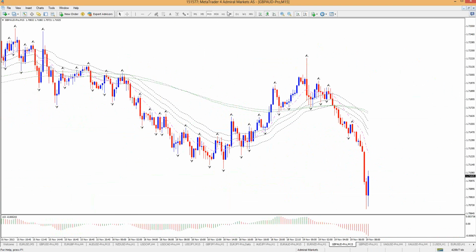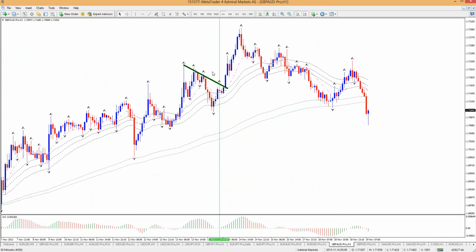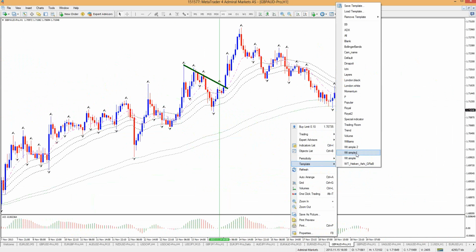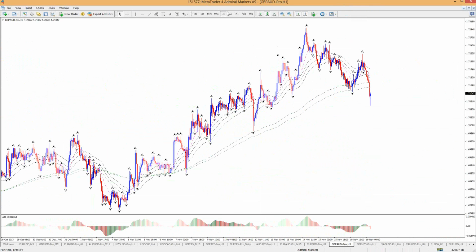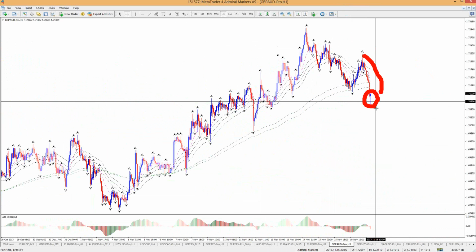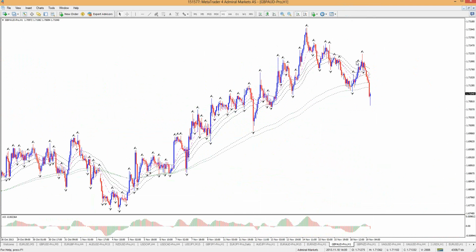Pound odd. Wow, pound odd really getting a pretty strong pin bar here. It of course fell a lot. Last night we had a pin bar at the top here.